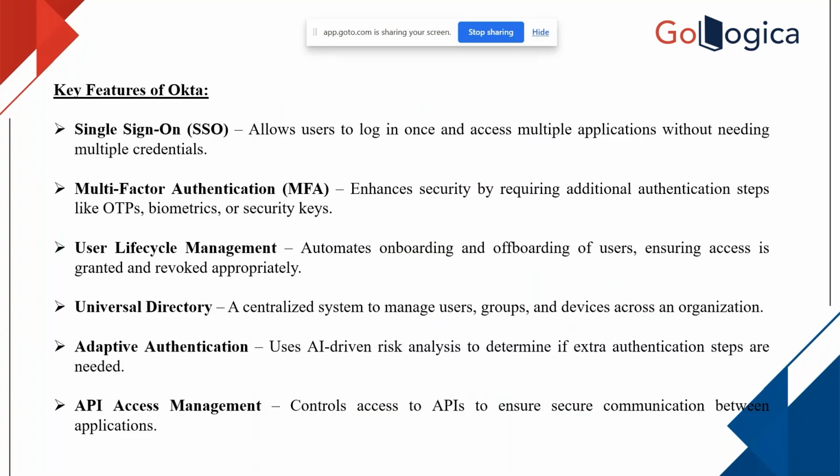That is how this communication is developed. Okta does that kind of activity too. So this is one of the products of Okta, API access management. Whatever you have seen over here are the features of Okta.